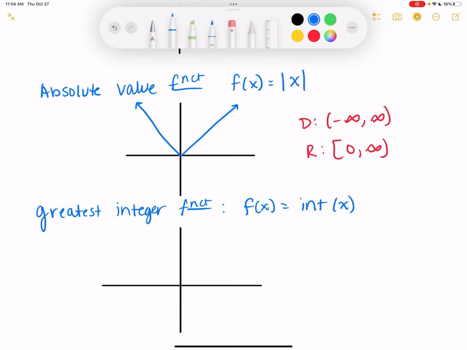And this graph is, this is a lot of graphs, something like that.